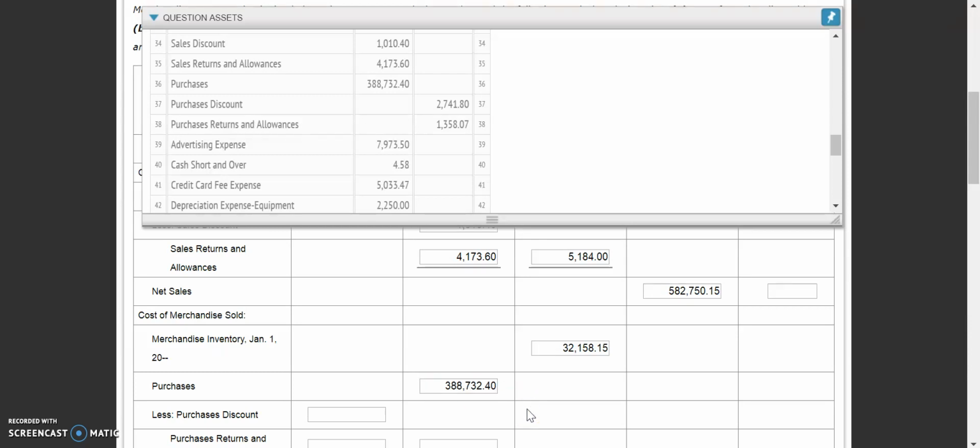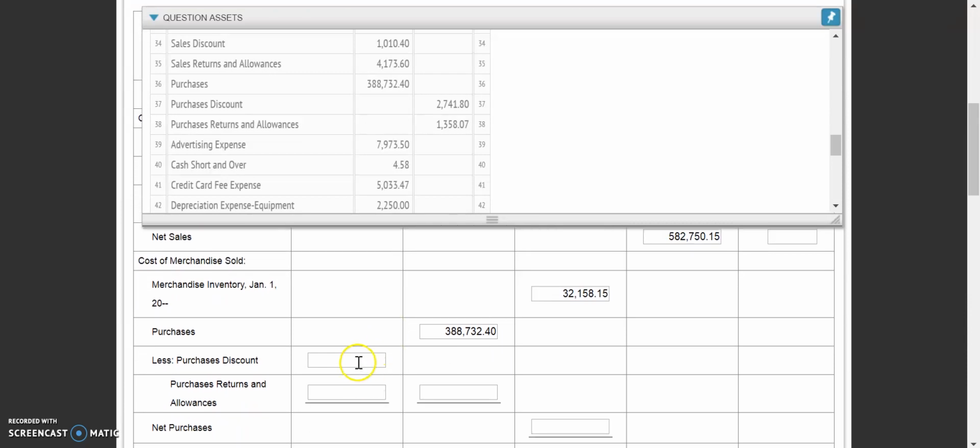And then we need to take out our purchases discounts and purchase returns and allowances. So purchases discounts were $27,41.80. Again, I'm getting that number from my adjusted trial balance up here. And my purchase returns and allowances were $135,807.